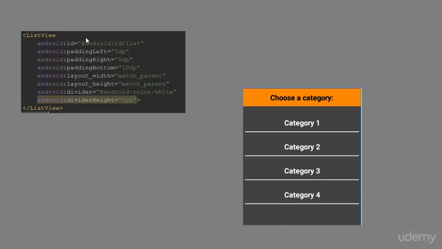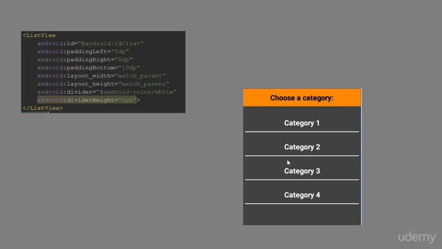How is it done? Within the list view widget, we are adding first the divider, saying what color we want it to be, and then we are saying the height, or in other words, how thick the line should be.